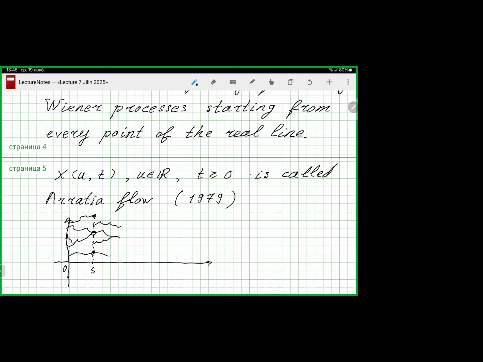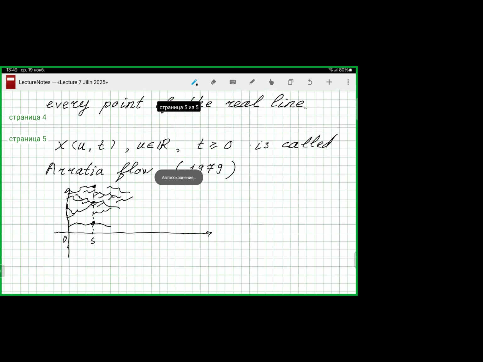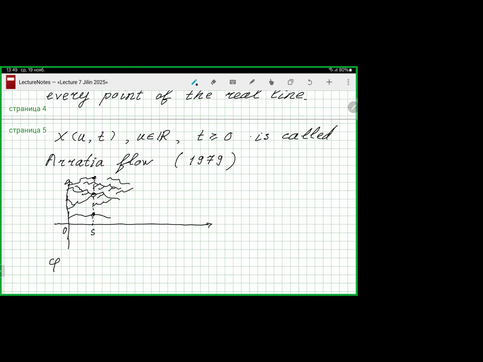This allows us to construct a more complicated picture consisting of Wiener processes which start at any moment of time, not only at time 0. In this way, we get the following family: phi(s,t,u).